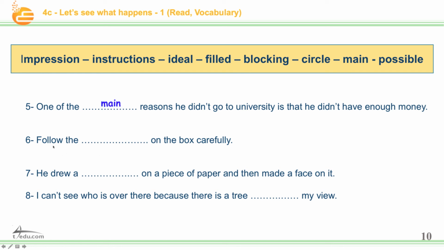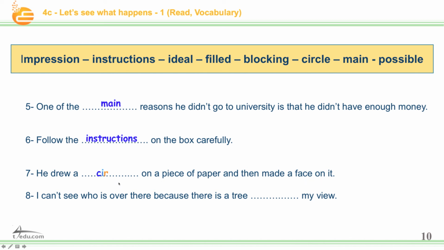Number 6. Follow the blank on the box carefully. Follow the, of course, instructions. Okay? Instructions. Number 1, do this. Number 2, do that. Follow all these instructions on the box carefully. Number 7. He drew a blank on a piece of paper and then made a face on it.